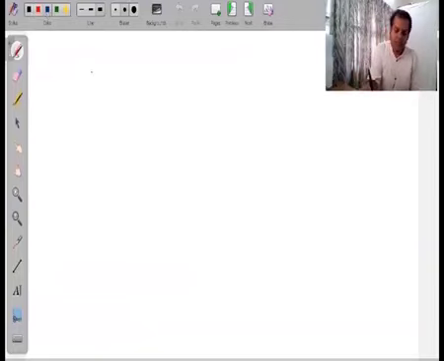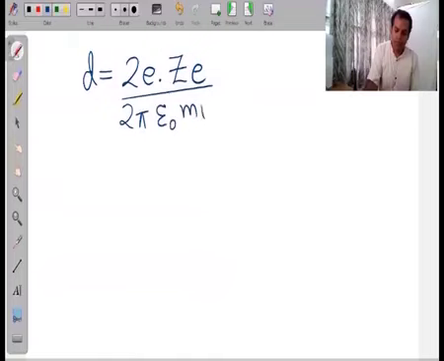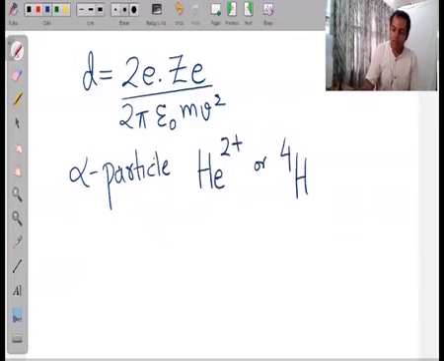So from the last expression, d will be equal to 2e times Ze upon 2 pi epsilon naught m v squared, and noting that the alpha particle is helium 2 plus, or you can write it as 4 He 2 plus 2.